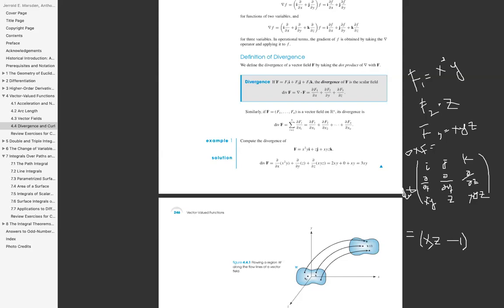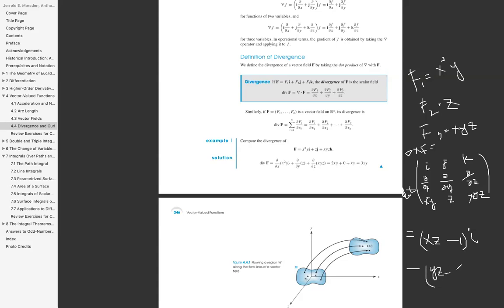So this is for the i component. Minus, for the j component, is partial x of xyz, which is yz, minus partial z of x squared y, which is 0.